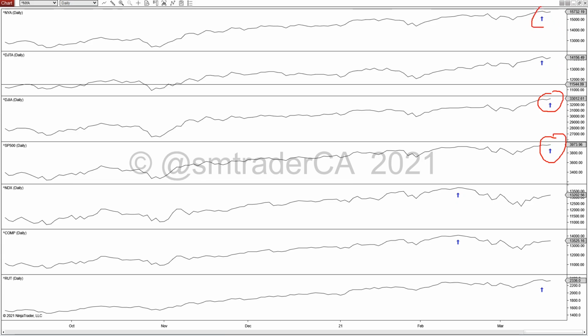The New York Stock Composite and the Dow Jones Transportation did not. The Nasdaq 100 and the Nasdaq Composite are still a little bit away from the all-time closing high. And similarly, the Russell 2000 did not come up and close with a new closing high today.